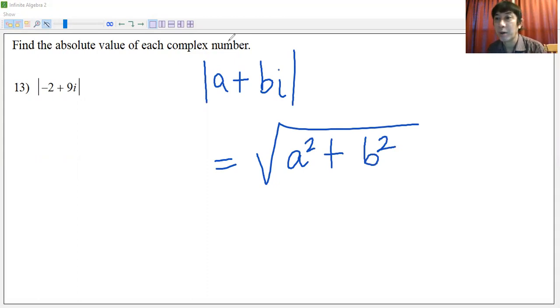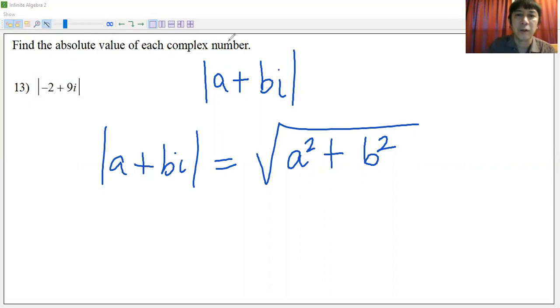So this is comparable to the Pythagorean theorem. So this is the formula, a plus bi. The absolute value of that is this.